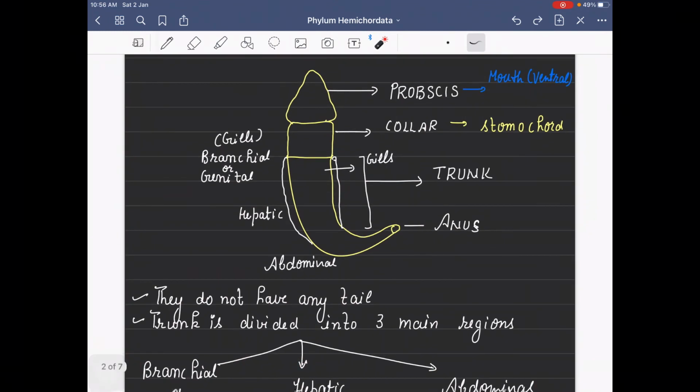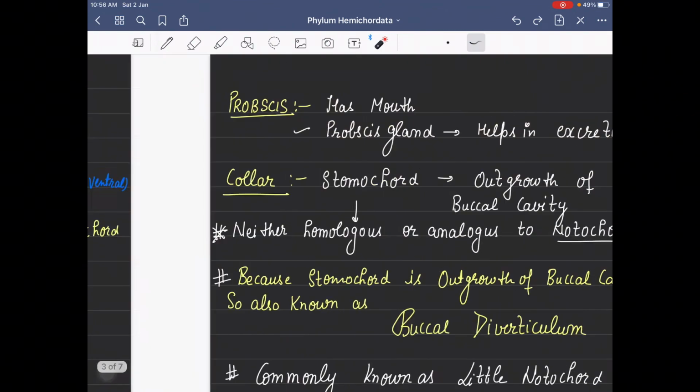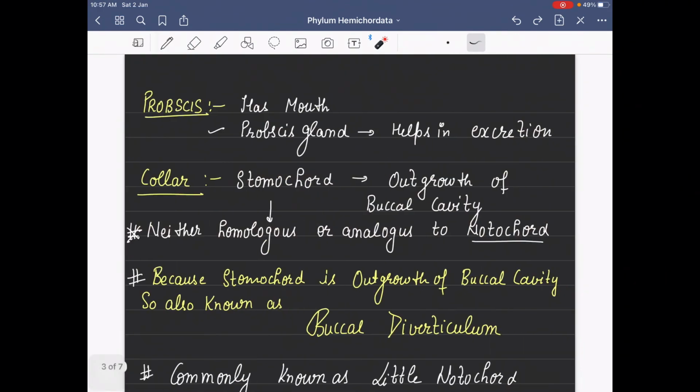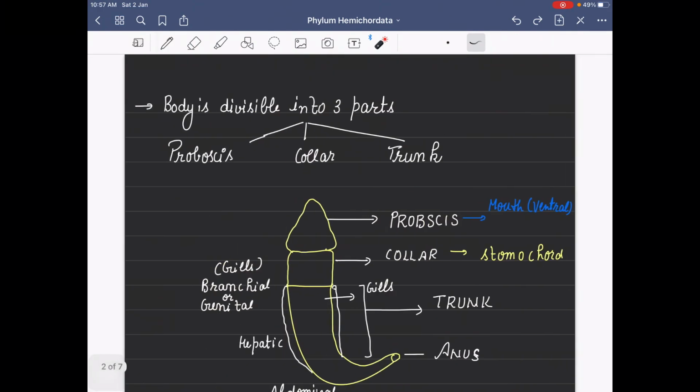Now every part has its own speciality. Proboscis and collar have their special features. The proboscis includes the mouth, which is placed ventrally. It also has one very important gland, known as the proboscis gland.